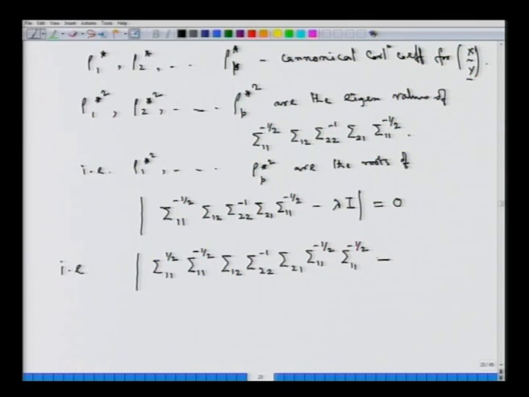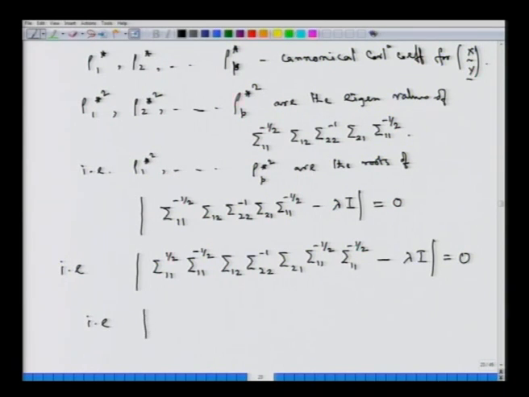So, if we do that, we are pre multiplying by determinant of sigma 1 1 to the power half and post multiplying this equation with determinant of sigma 1 1 to the power minus half, and hence there is no change in this term here. This still is lambda I, because the multiplication here is sigma 1 1 to the power half into sigma 1 1 to the power minus half, which is still an identity matrix.